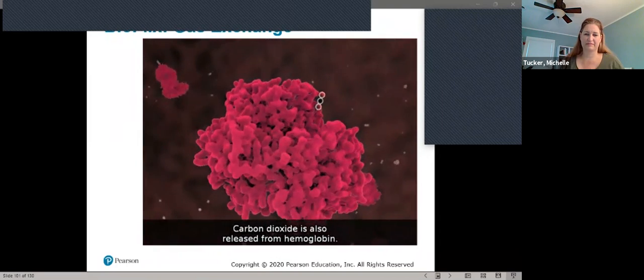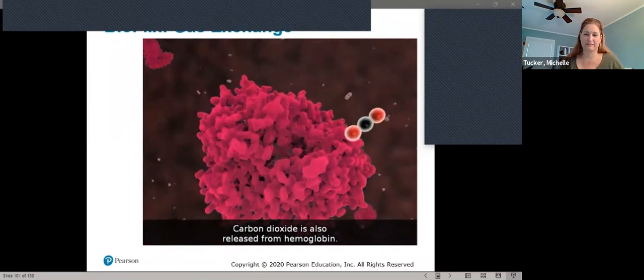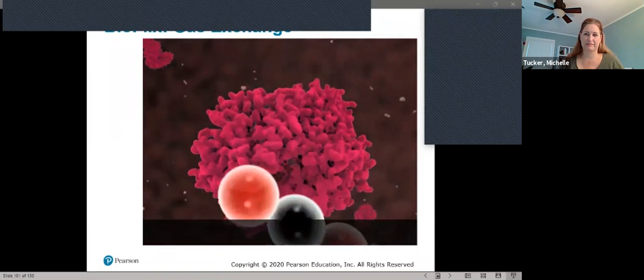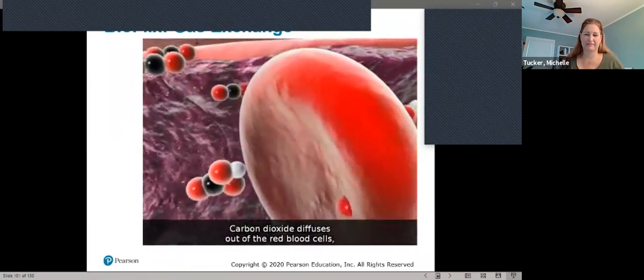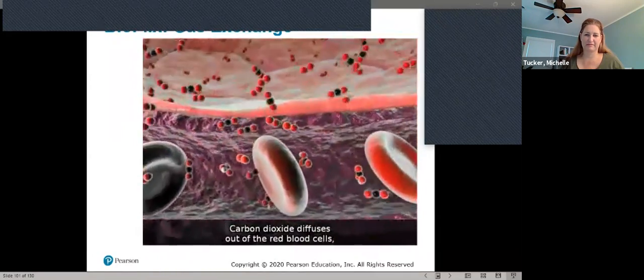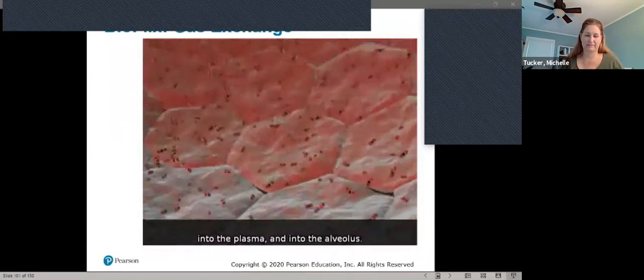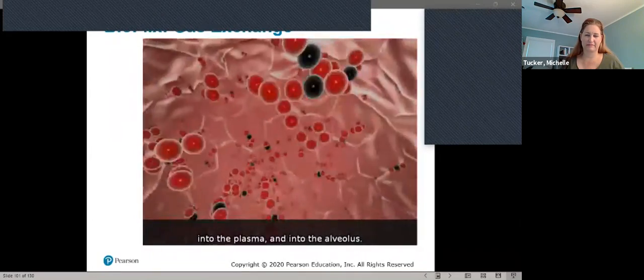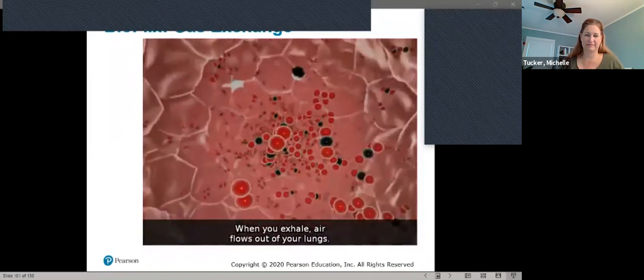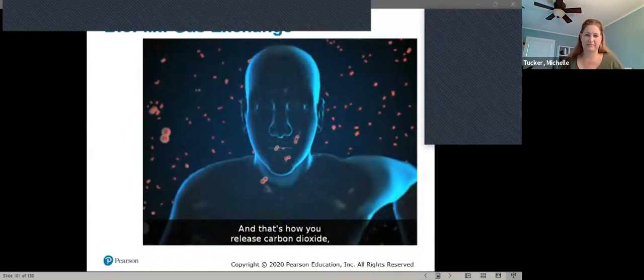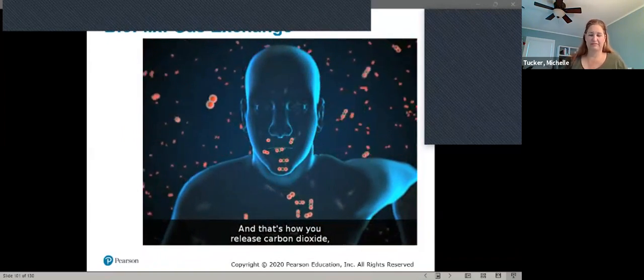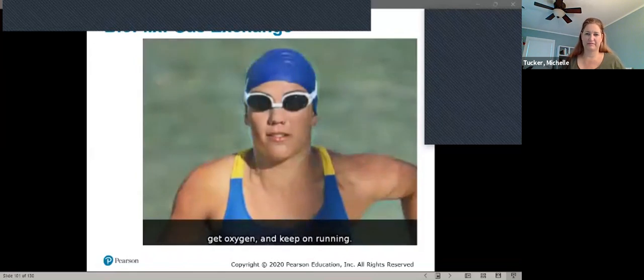Carbon dioxide is also released from hemoglobin. Carbon dioxide diffuses out of the red blood cells, into the plasma, and into the alveolus. When you exhale, air flows out of your lungs. And that's how you release carbon dioxide, get oxygen, and keep on running.